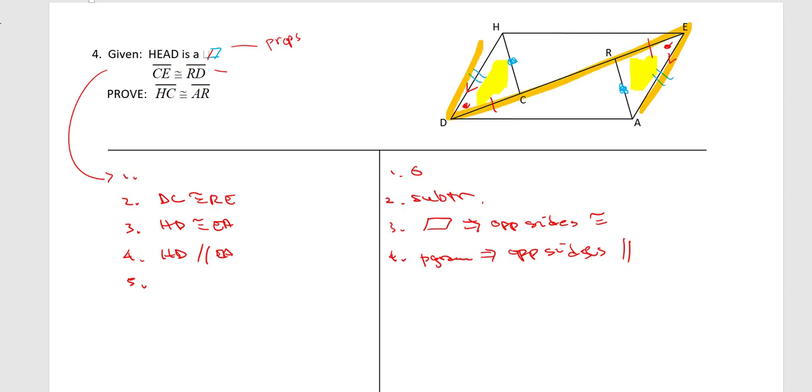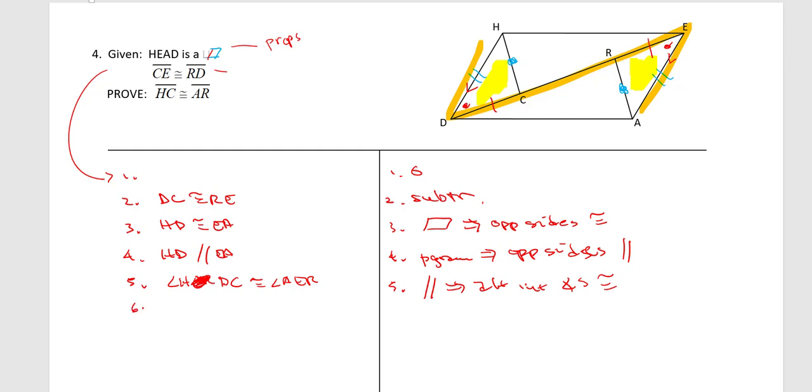So that means that angle HDC, sorry, HDC is congruent to angle AER. Because if you have parallel lines, then the alternate interior angles are congruent.